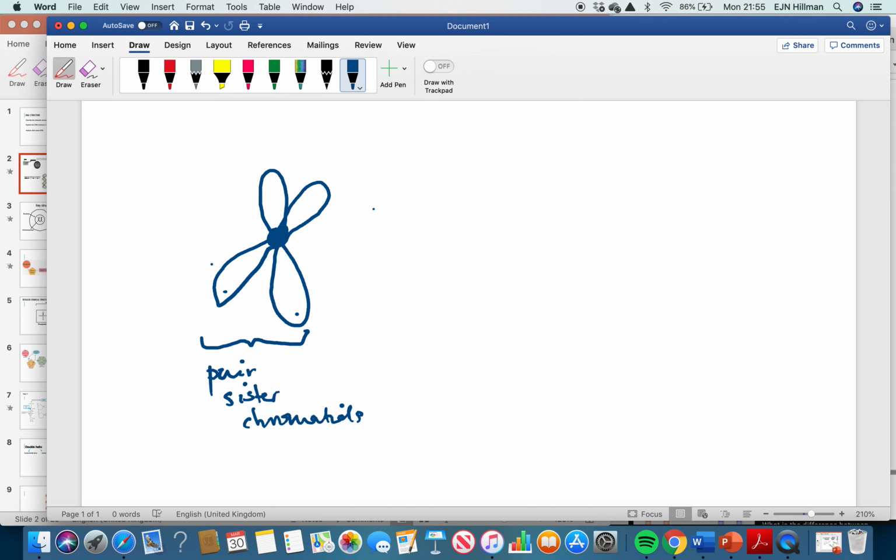Now it only exists like this after DNA replication has taken place, and in fact, even more specifically, it's just prior to cell division.